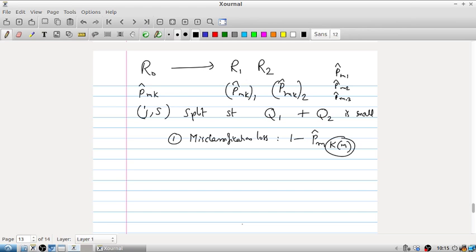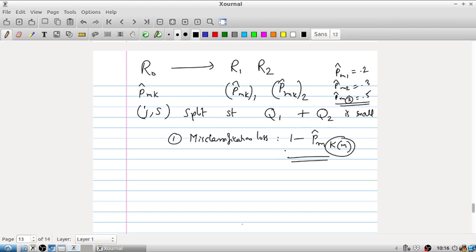So if I had 10 points, let's say p hat m1 is 0.2, this was 0.3, and this was 0.5. Then k of m is just 3. I'm just picking the index of the highest occurring class in that region. It's basically saying how many points did I misclassify, because the majority class in that region happens to be class 3.